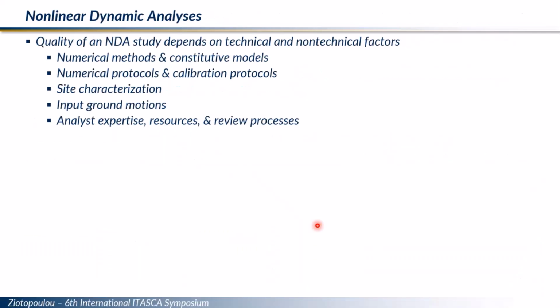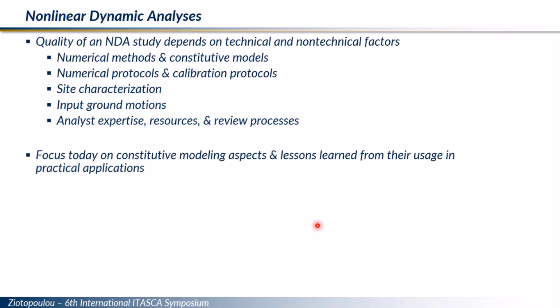We will all agree that the quality of such an analysis depends on many technical and non-technical factors, ranging from the protocols that we use to calibrate and fine-tune our tools, the quality of site characterization work, and the input ground motions, which are typically a great source of uncertainty. Then we go into other issues like the allocated time and budget and the expertise of the analyst. In any case, for today, I will focus only on constitutive modeling aspects, particularly for this audience.